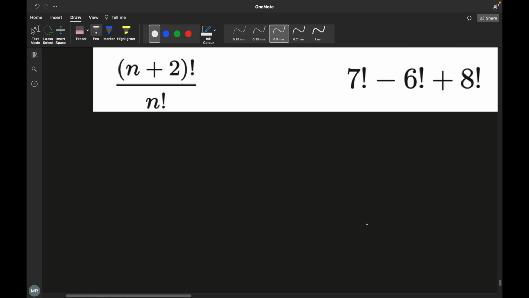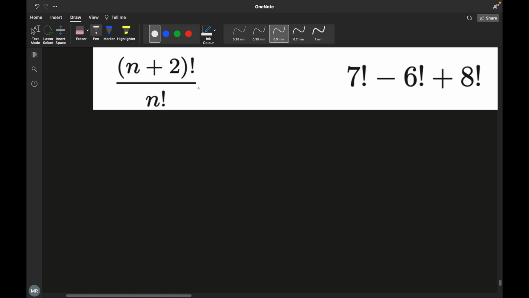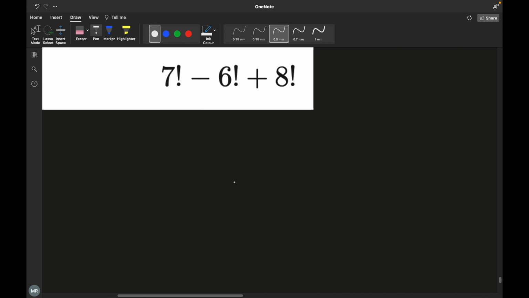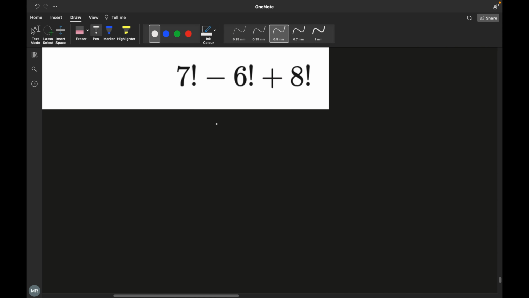And we have the last set of questions. n plus 2 factorial can be written as n plus 2 into n plus 1 multiplied by n factorial divided by n factorial. Therefore, we have n squared plus 3n plus 2. Simple, right? Now let's solve this one. The lowest is this one, so we can take 6 factorial as common. So it's going to be 7 minus 1 plus 8 into 7.